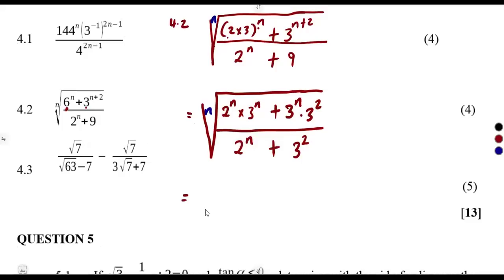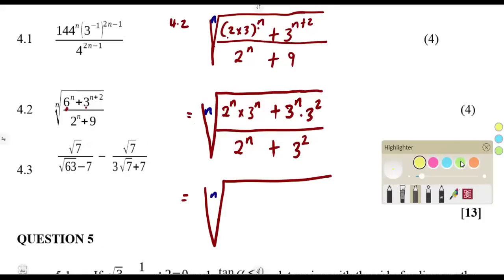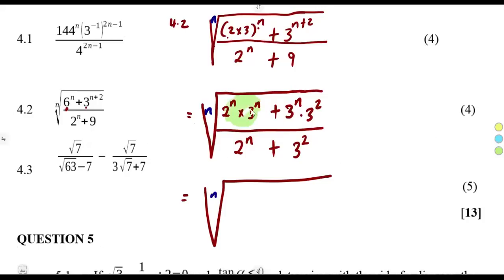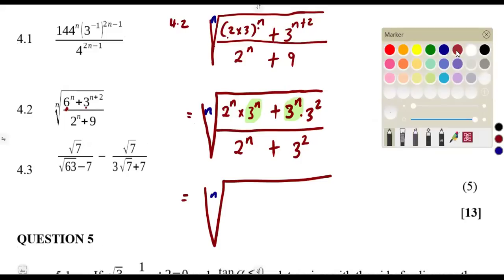Looking at the numerator, we notice that there's something common there. From the numerator, remember, these are now 2 terms, this one and this one. 3 to the exponent of n, this one is common. So we can factor it out from the numerator.